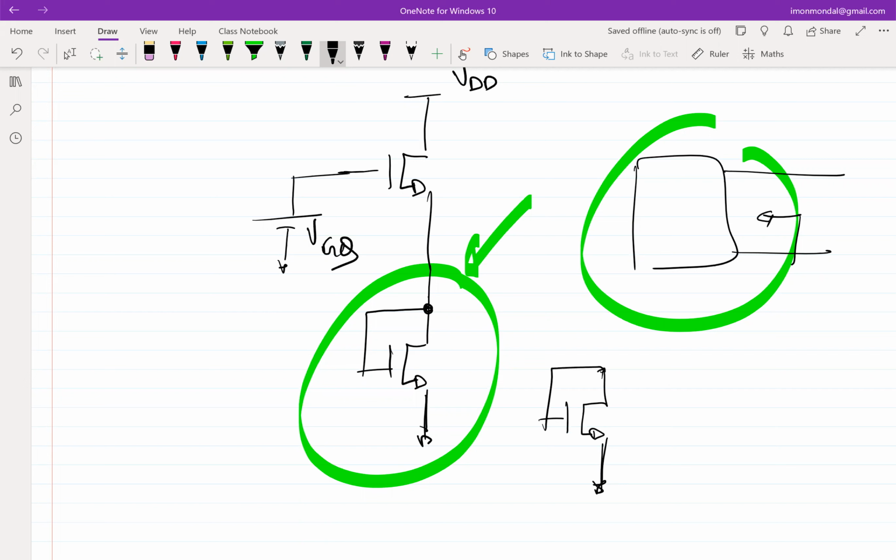So let's do the same thing. Assume this is in saturation, and so on. How do I figure out what the impedance is? What should I do? Connect a V test, and let me sketch the incremental equivalent of this.